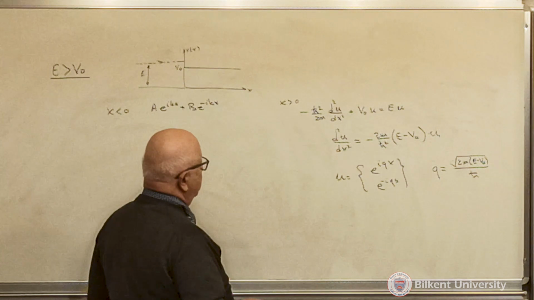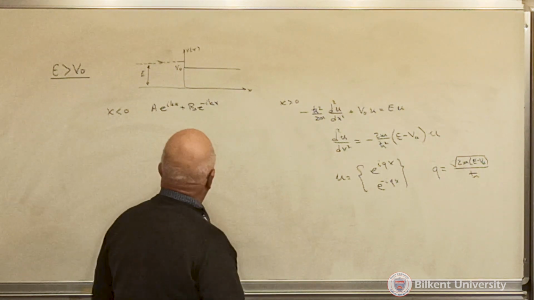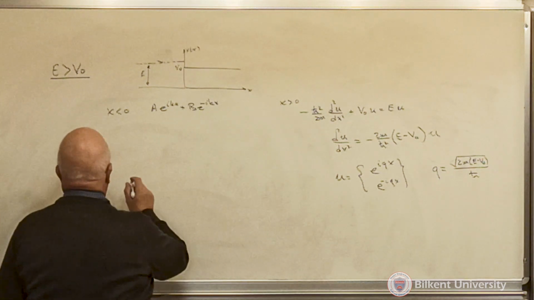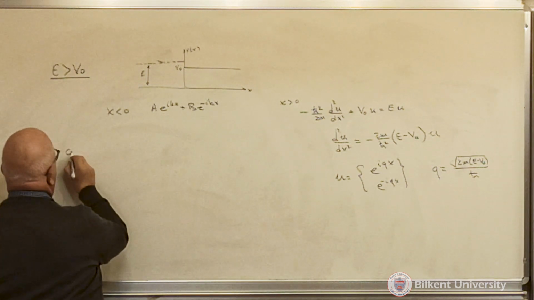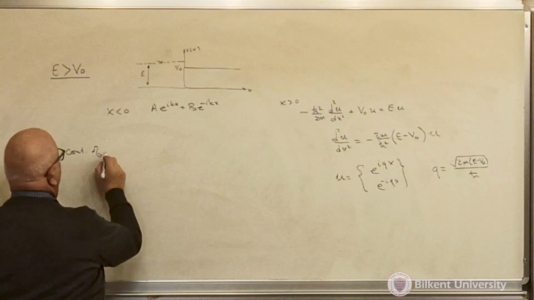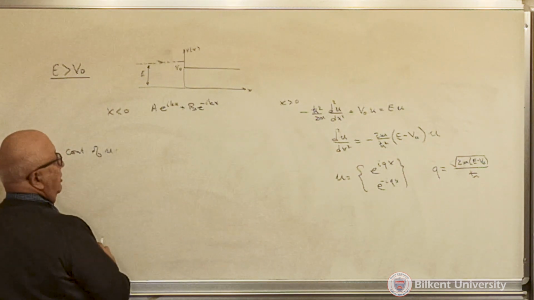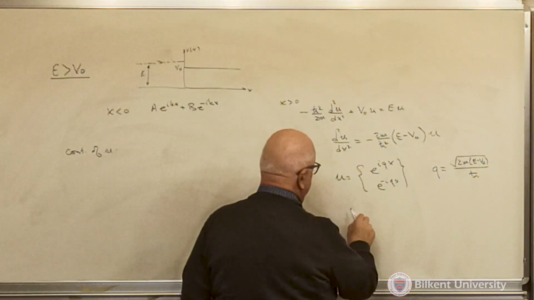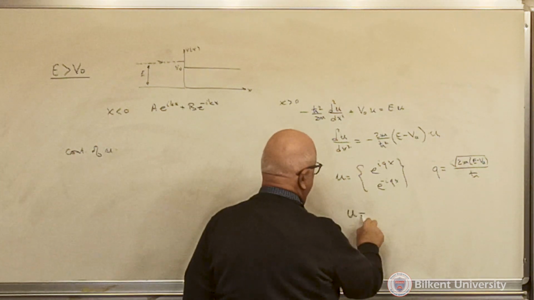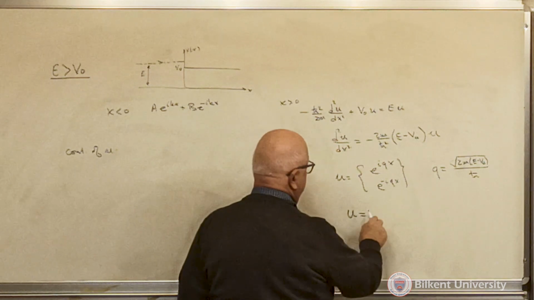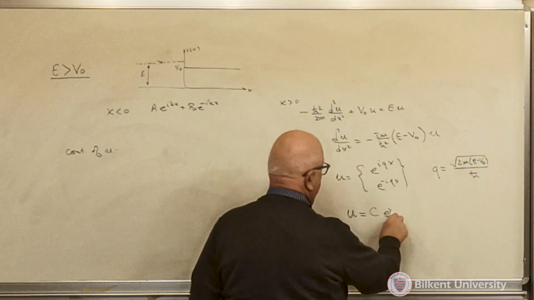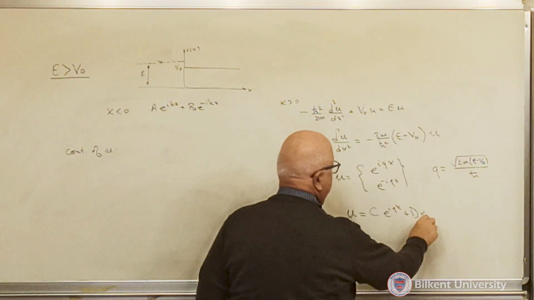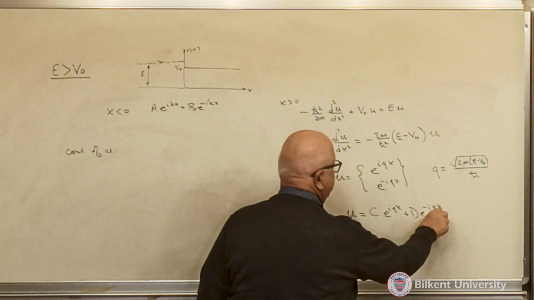All right, so now I have to do the same algebra that I did earlier. So let me look at the continuity of U. On the right-hand side, we are not finished here yet. On the right-hand side, I have U equal to C e to the iqx plus D e to the minus iqx.